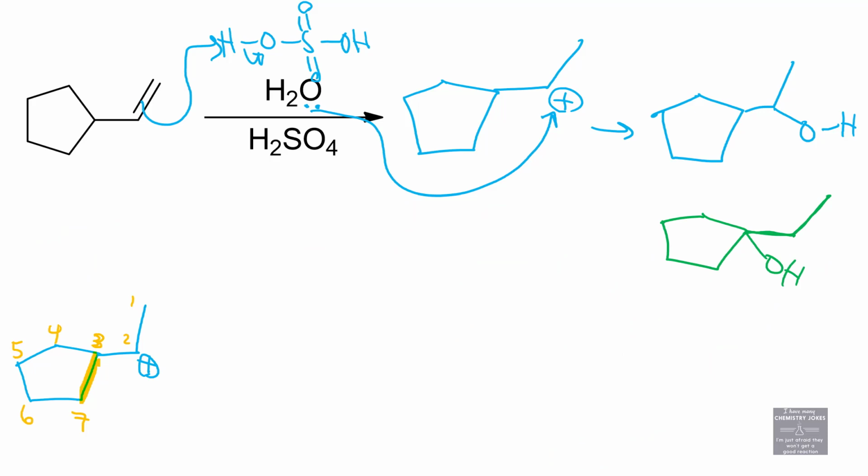So in order to do a ring shift, I need to unplug one of the carbon-carbon bonds that's holding my ring closed. So I could unplug carbon 3 and 4 or 3 and 7. I've chosen to do 3 and 7, but it's a symmetric molecule. You're going to get the same thing regardless here. But I've numbered those carbons for a reason.